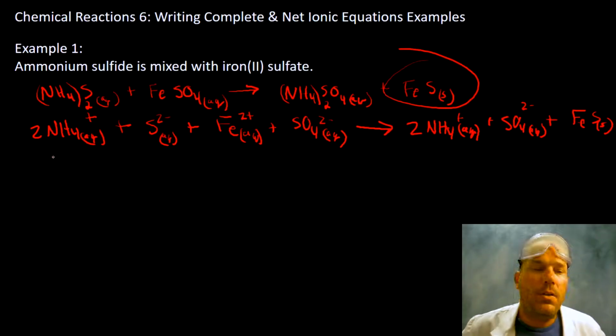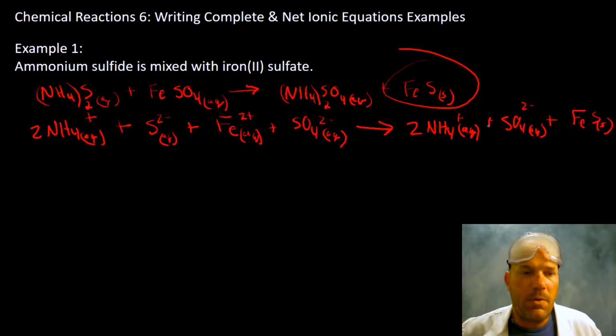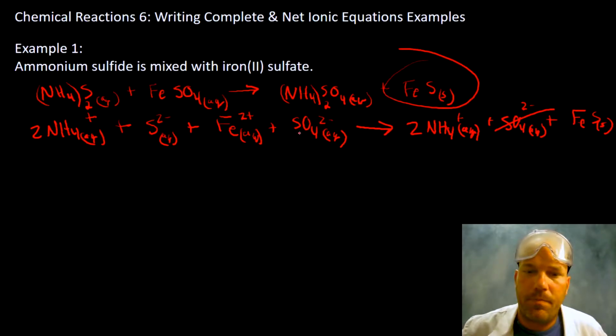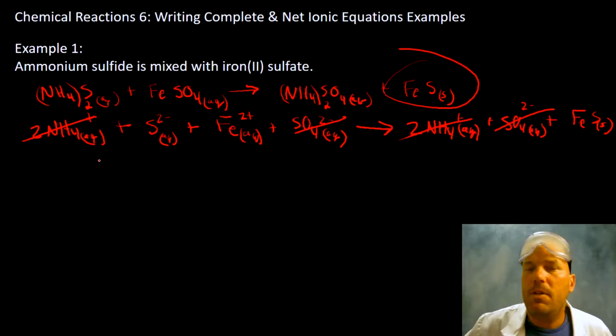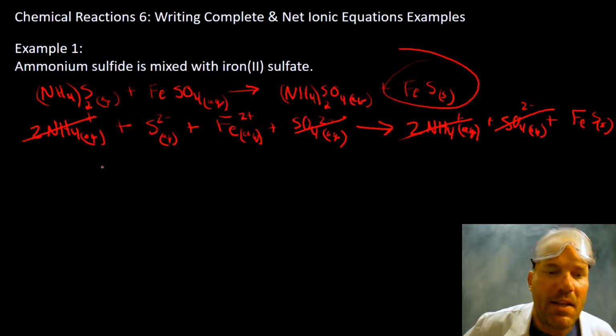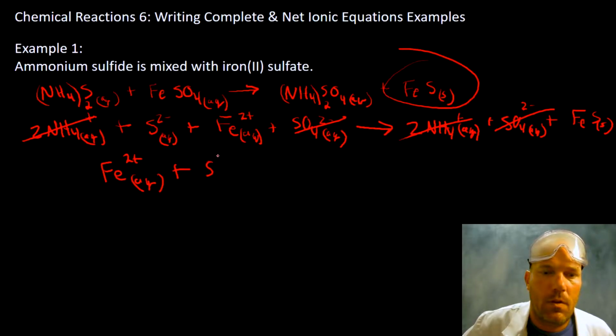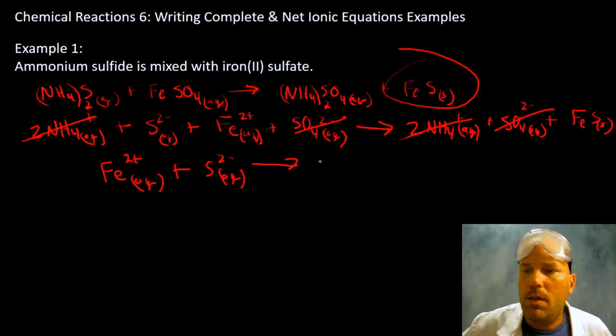Okay, now what we're going to do here is we're going to look for spectators. Who is on both sides? I see sulfate, sulfate, ammonium, ammonium. Okay, now I'm going to rewrite this into its net ionic form. So we have, and it doesn't matter what order I write these in. And that's going to yield my precipitate.